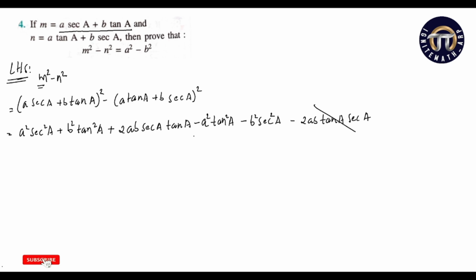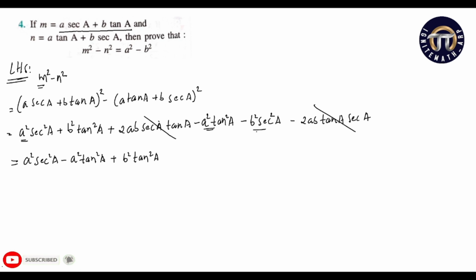So one with plus sign and one with the minus sign will get cancelled. So now I'll bring all the terms which have a square. Alright, so I can write this as a square secant square a minus a square tan square a plus b square tan square a, then here it is, right? So minus b square secant square a.